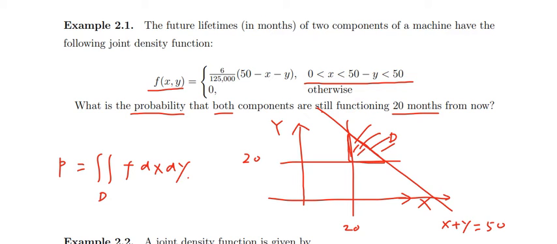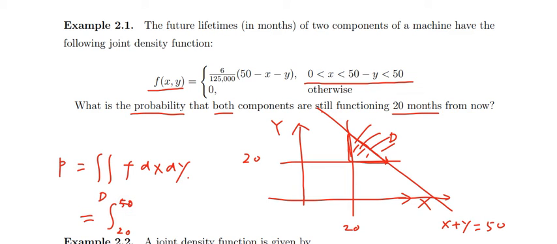So x starts from 20, to this point. At this point y is 20, so x equals 30.